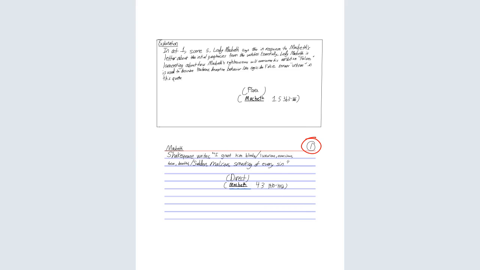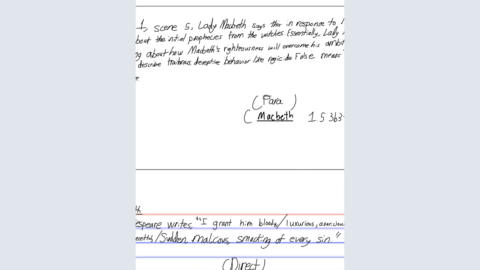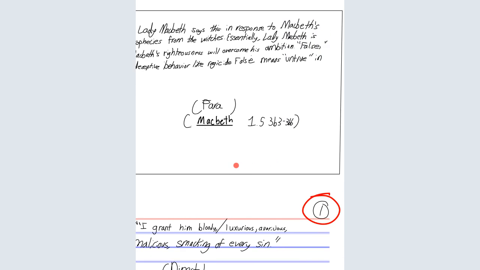He goes and explains it. Act 1, Scene 5, Lady Macbeth says this in response to Macbeth's letter about the initial prophecies from the witches. Essentially, Lady Macbeth is lamenting about how Macbeth's righteousness will overcome his ambition. False is used to describe traitorous, deceptive behavior like regicide.